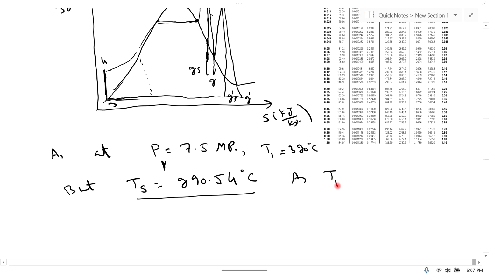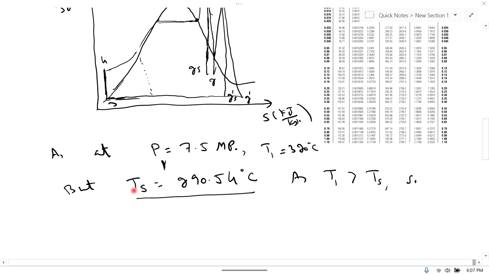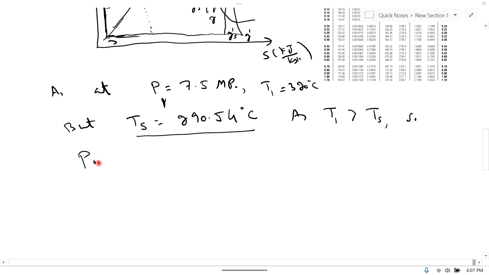As T1, which is given to us as 320, is greater than Ts, point 1 is in the superheated region.